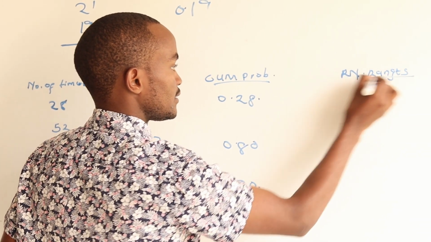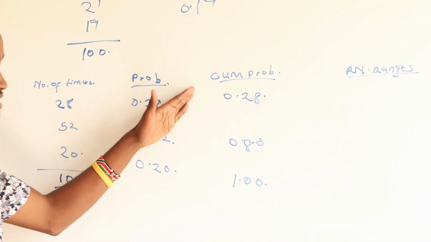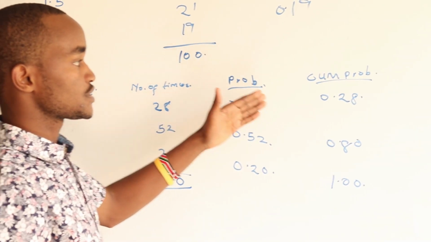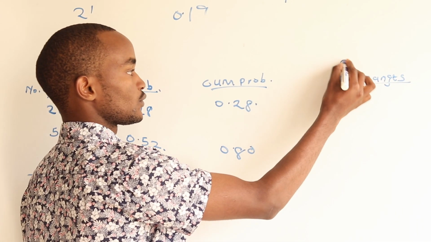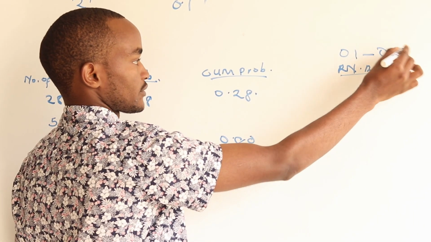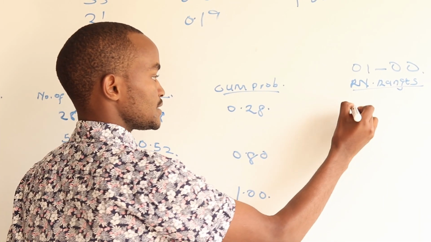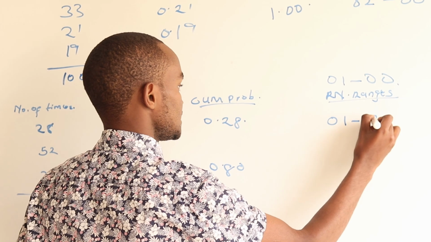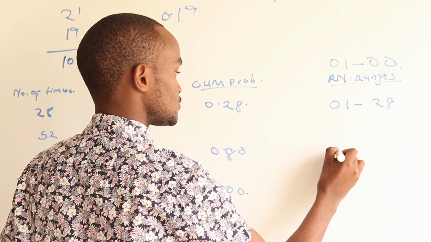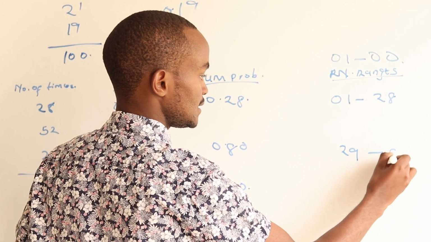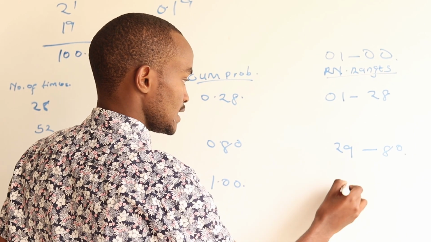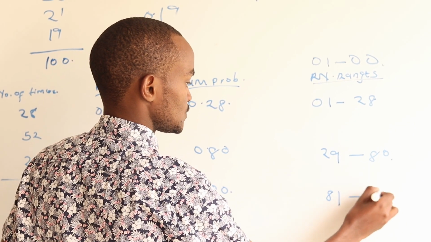So for the random number ranges, we use the cumulative probability. And as per the question, we'll still use 01 to 00 as our basis to find the random number ranges. So the first one will be 01 to 28. The second one will be 29 to 80. And the third one will be 81 to 00.